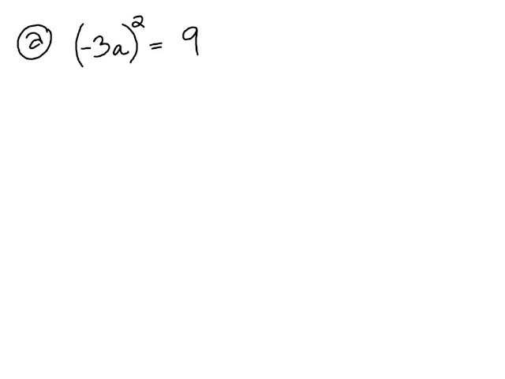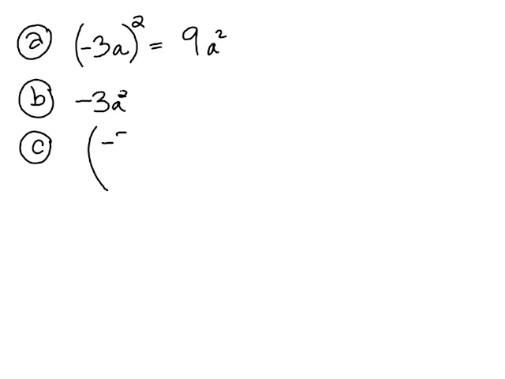Positive, 2 negatives, and then a squared. A squared. That was a pretty simple example. Example B is negative 3a squared. Do I need to do anything to that? Can I do anything to that? No. Without knowing what a is, that's all that I can do.